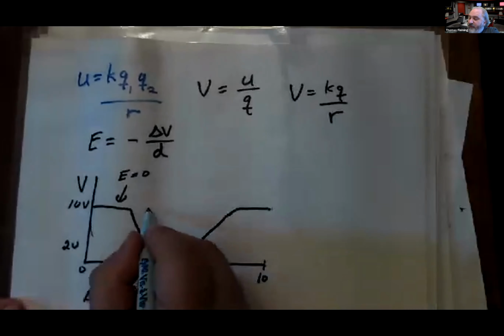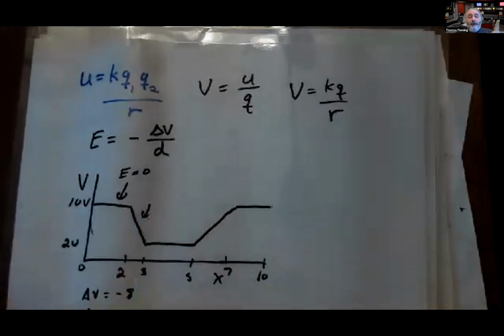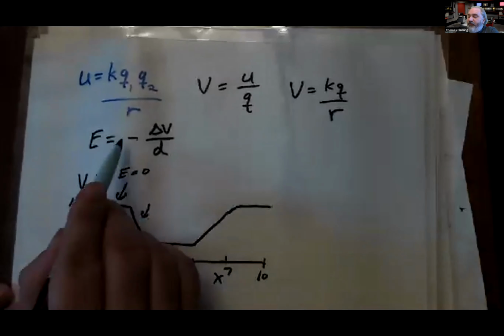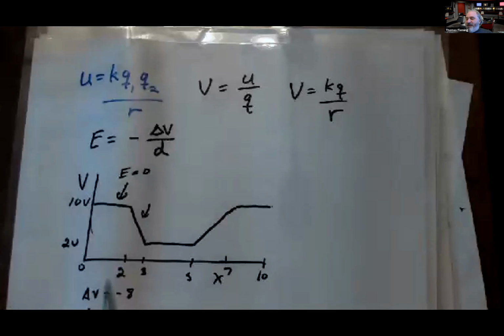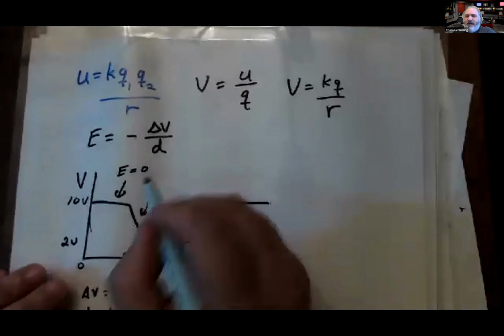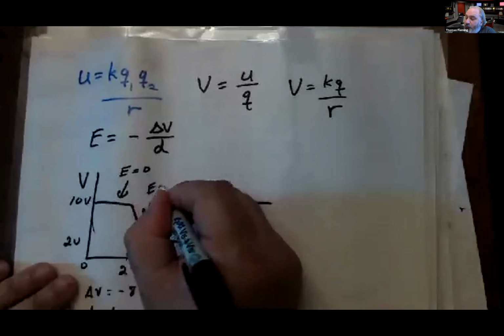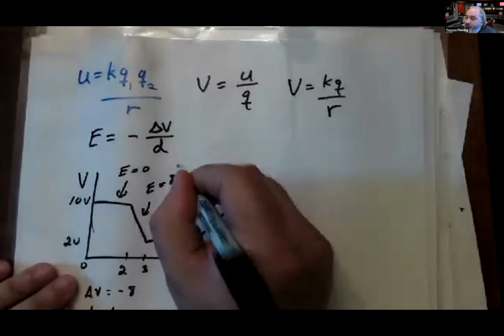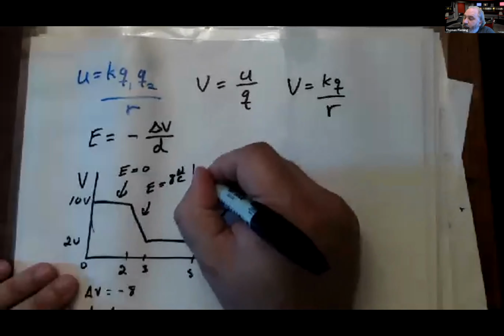So that implies that during this section here, the slope is -8/1 or -8. But since the electric field is the opposite of delta V over d, what that tells me is that since I have a negative slope here, my electric field is in the positive direction. So if I call left negative and right positive, here my electric field would be 8 newtons per coulomb, and it's to the right.